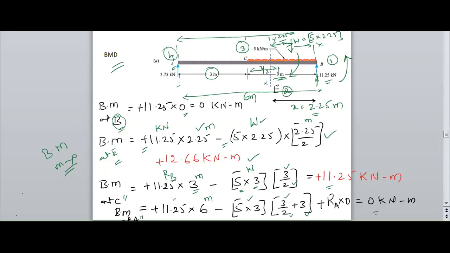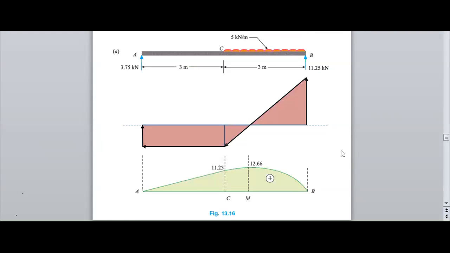Now using this, I need to draw the bending moment diagram under the shear force diagram. Here I am getting 0 initially, then 12.66, next 11.25, and 0. 4 points I am getting and 4 points I need to join.